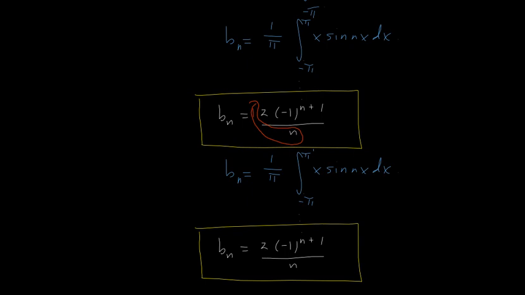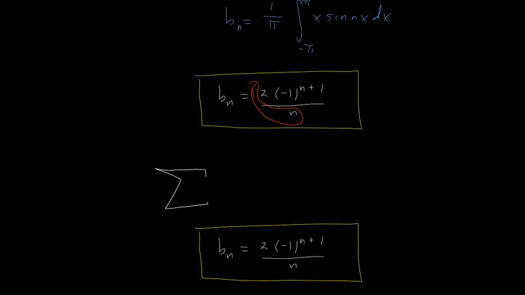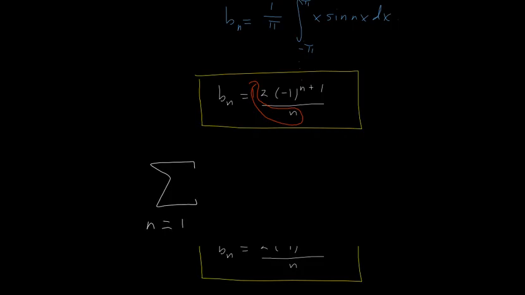So we're going to use Parseval's identity. Parseval's identity states that if you take the summation from n equals 1 to infinity of the absolute value of b sub n squared... Now you see why I want to calculate the b sub n. Because logically, if I don't have my b sub n, I will not be able to use Parseval's identity.